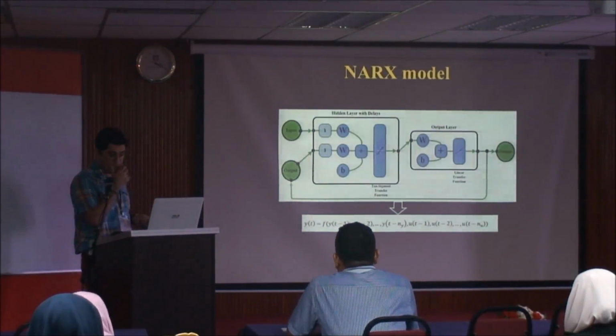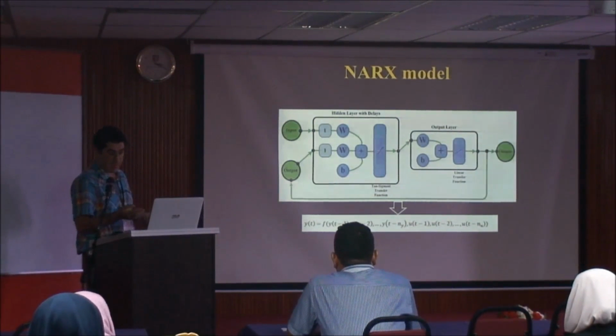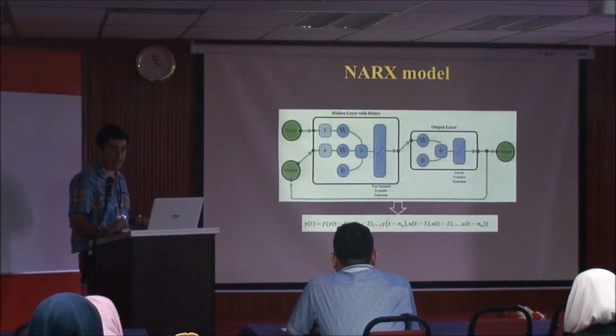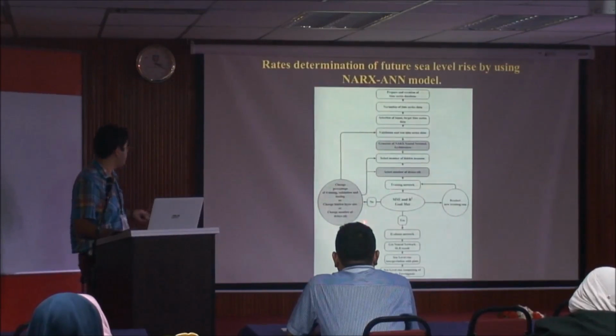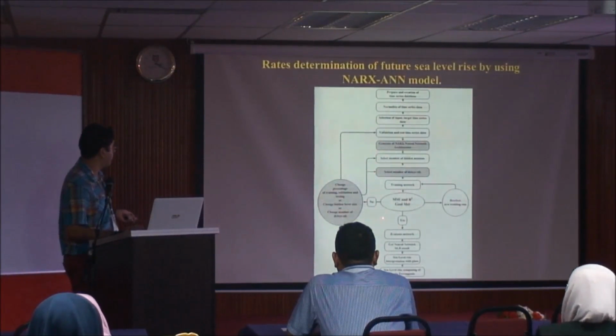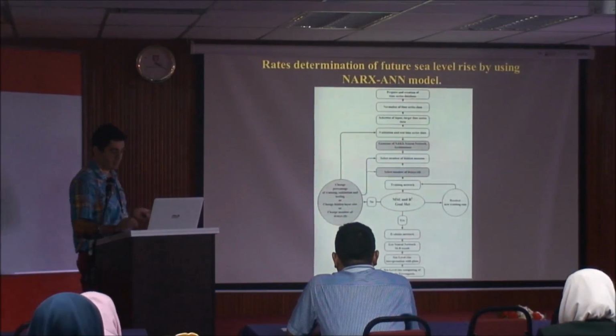For the NARX model, same as feed-forward, we have two functions and one algorithm, the Levenberg-Marquardt algorithm, but for this model we use daily data and lag. The process is the same as feed-forward, but we choose the lag for this model.